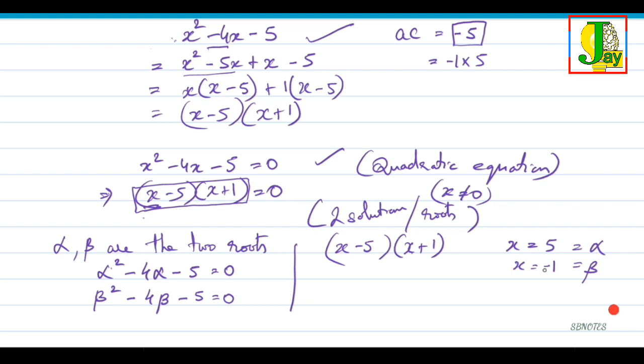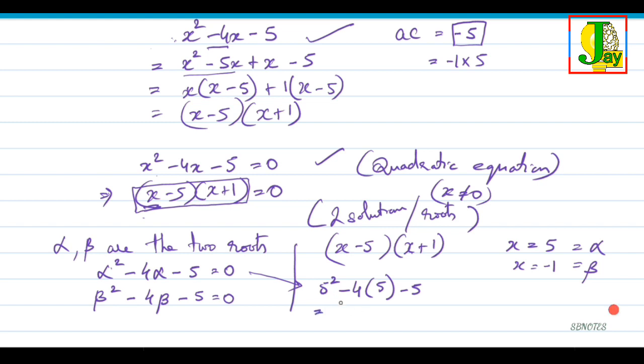Now that means if I put 5 in this equation, say 5 square minus 4, so we are actually doing this. Okay, so alpha square minus 4 into alpha minus 5. Let us see whether it is equal to 0 or not.